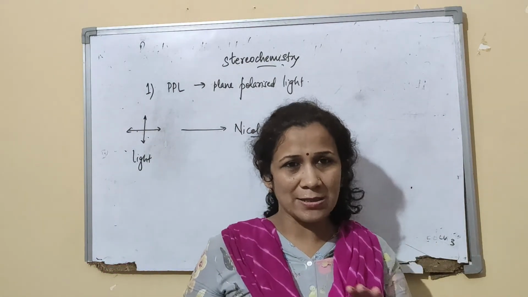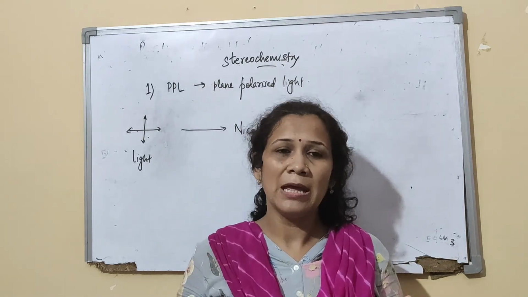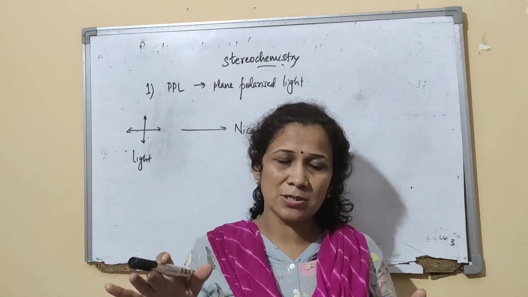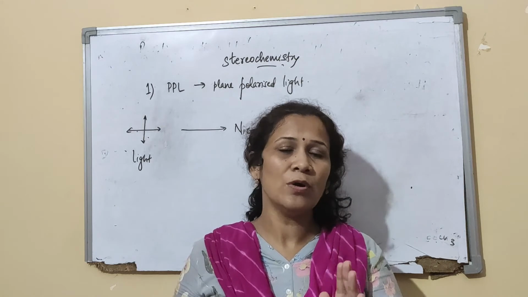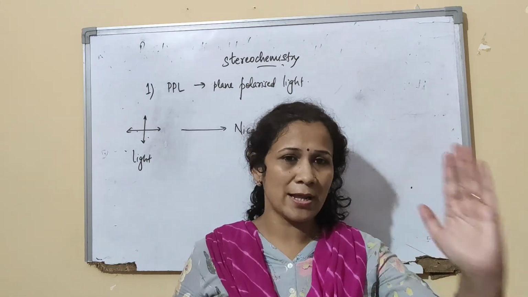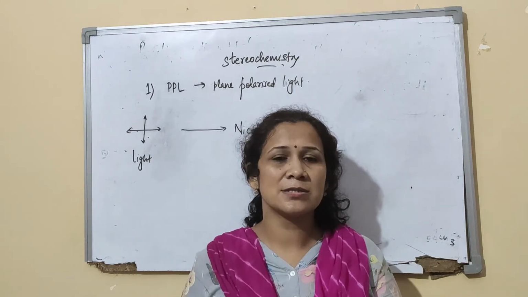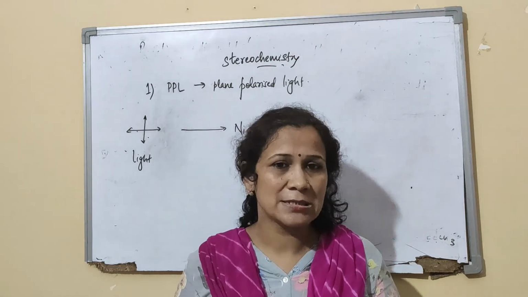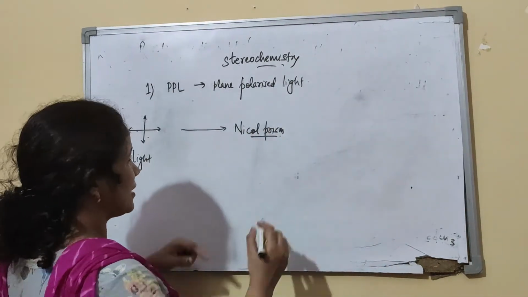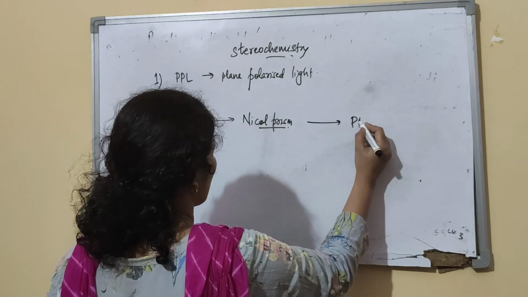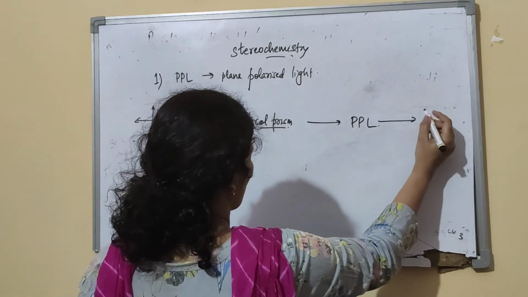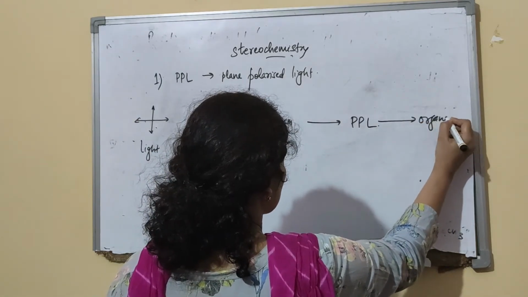Once you pass it through the Nicol prism, it will absorb one set of radiations and only give you the radiations in one direction. That type of light is known as plane polarized light. So the light coming after the Nicol prism is plane polarized light. This you have to put on the organic substance.